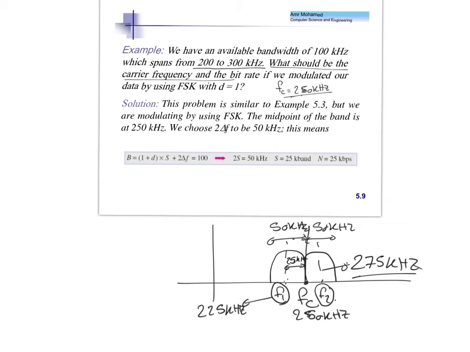Okay, so the same 100 kilohertz now will be divided into two symbols, and assuming that the 2 delta F here, the question says we choose 2 delta F to be 50 kilohertz. Okay, in fact this is the minimum 2 delta F, right? Because 1 plus D times S is 1 plus 1. D is equal to 1, right?